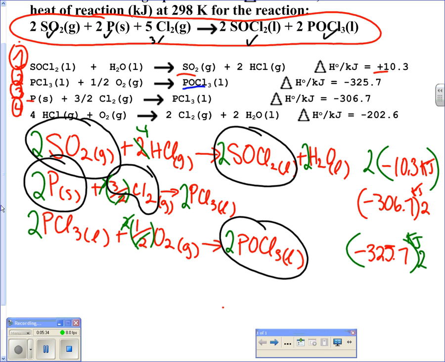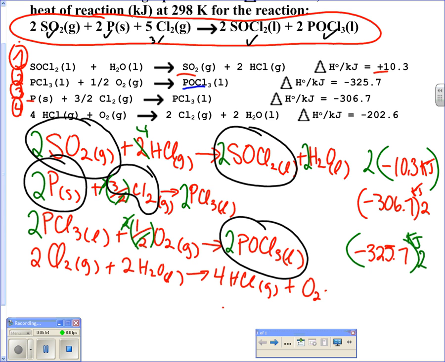So I'm going to have my 2 chlorines plus 2 waters, my 4 HCl's, plus some oxygen gas. I flip the reaction, so this fourth reaction's negative 202.6 becomes positive, and I don't need any more, so I think I'm okay.